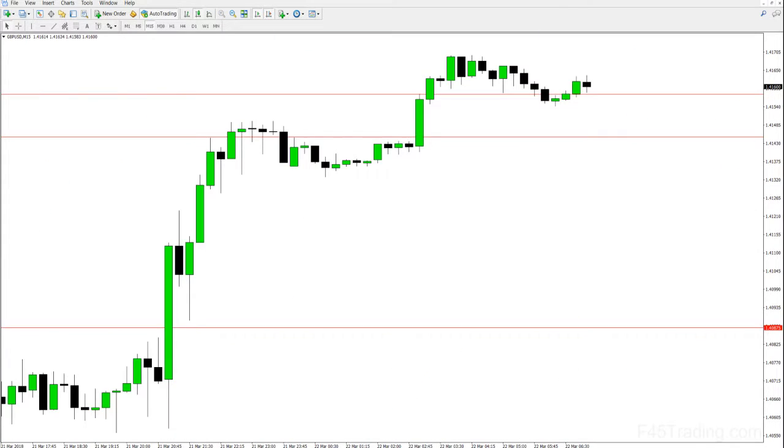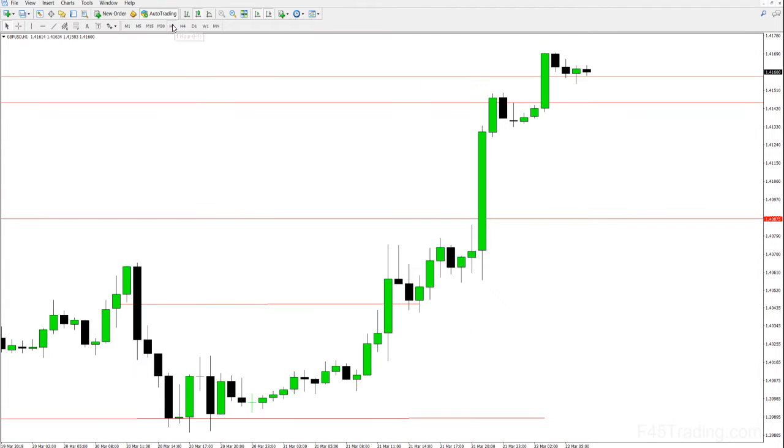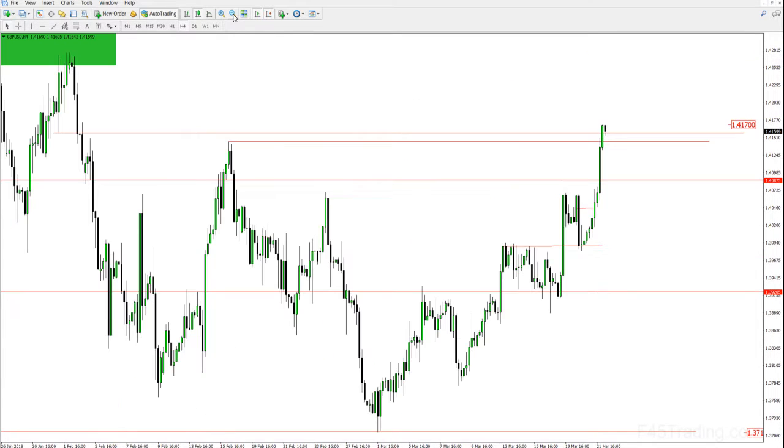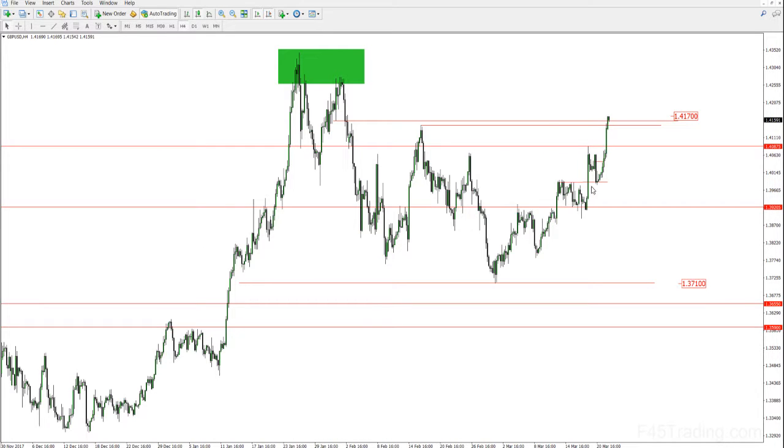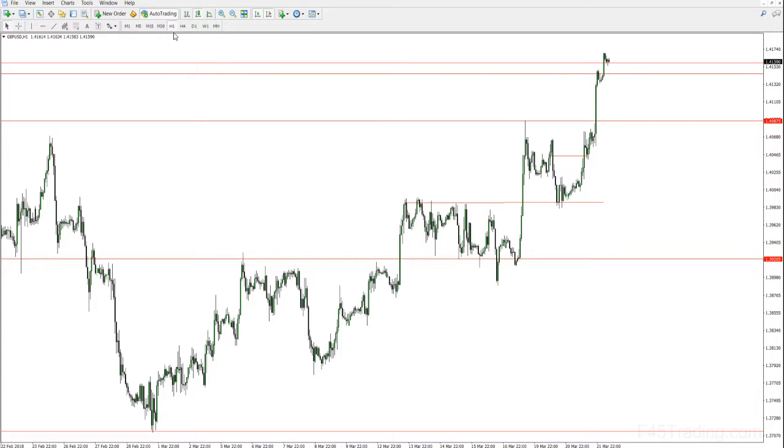Okay, Euro USD, done. Pound USD, talk about this real quickly. I had a nice runner today as well. Nothing out of the ordinary, just a regular 180 pip day.